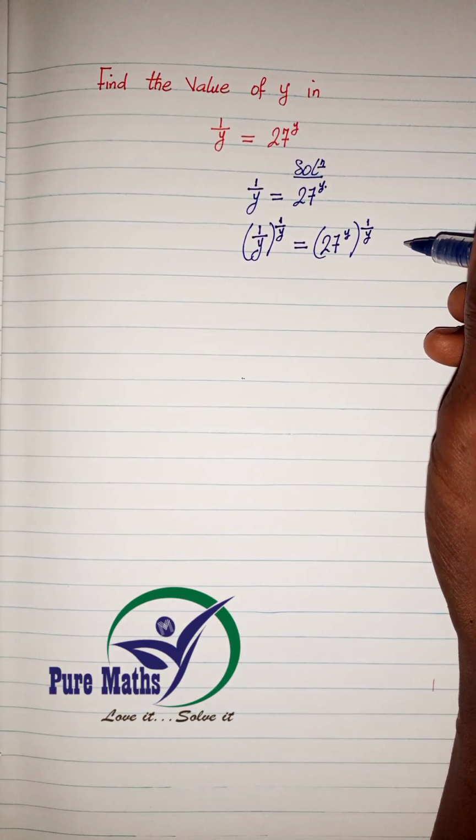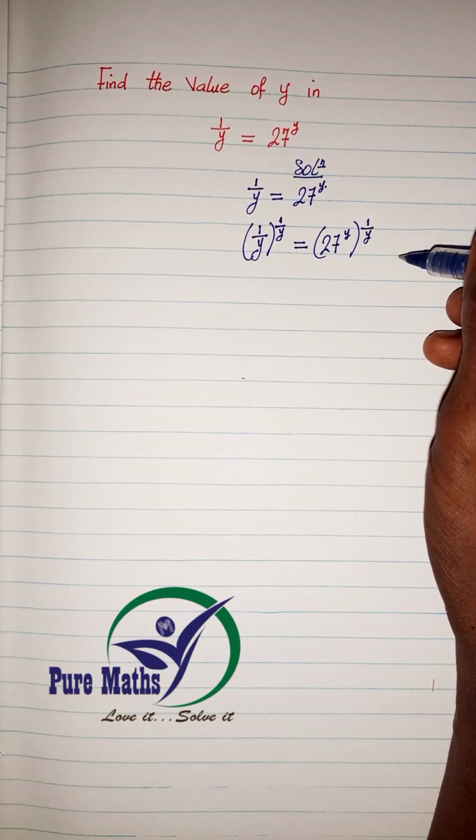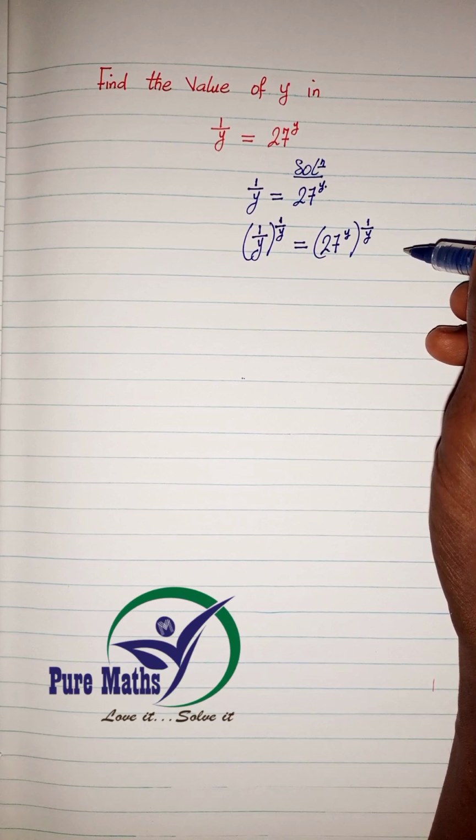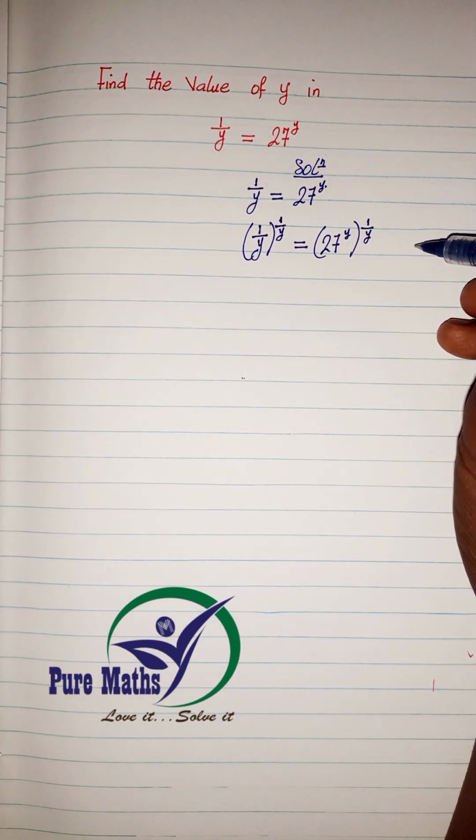So remember, if you look at the right hand side, we can apply the law of indices, which says that when you have a similar number inside the bracket and it's being multiplied by an inverse outside the bracket, they will cancel out.